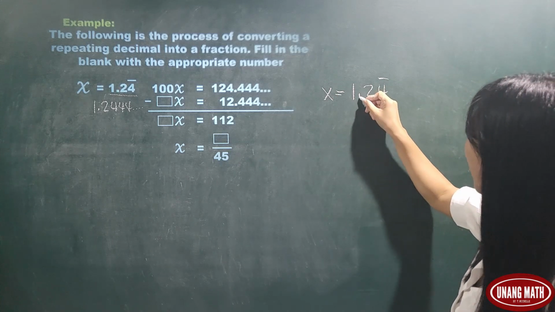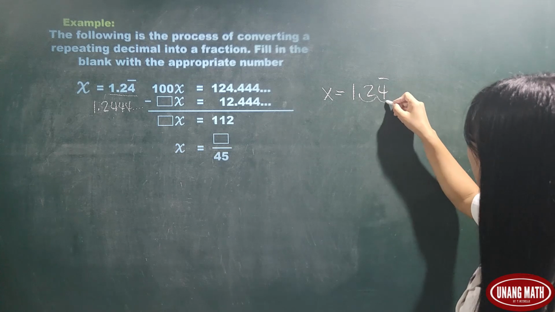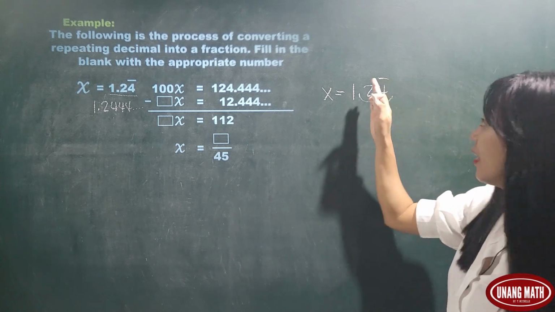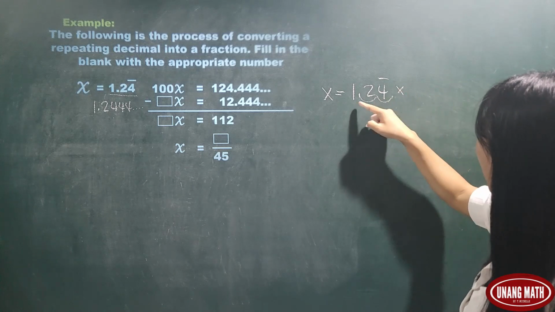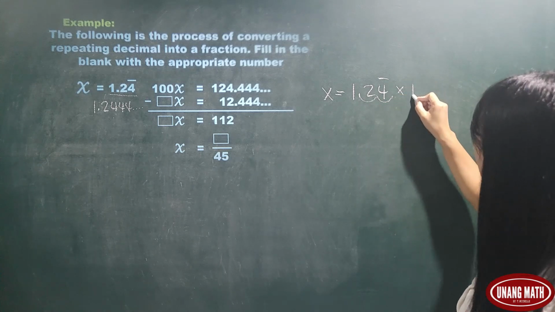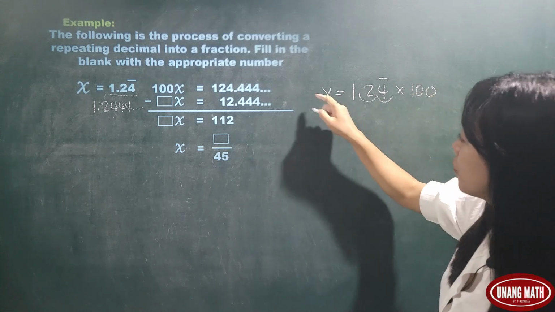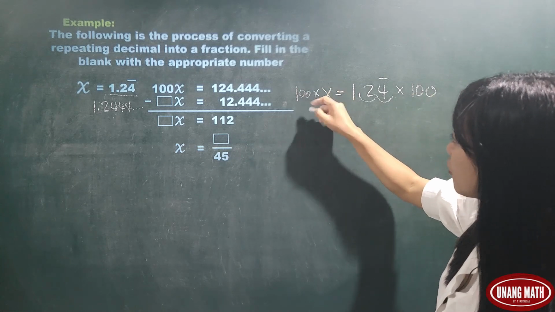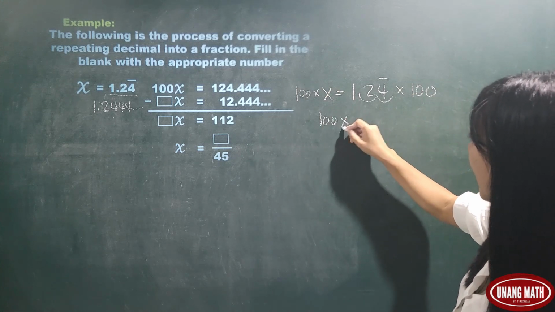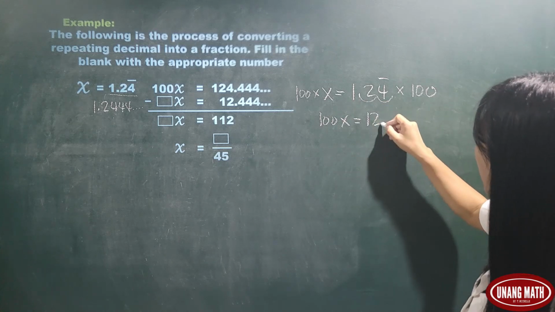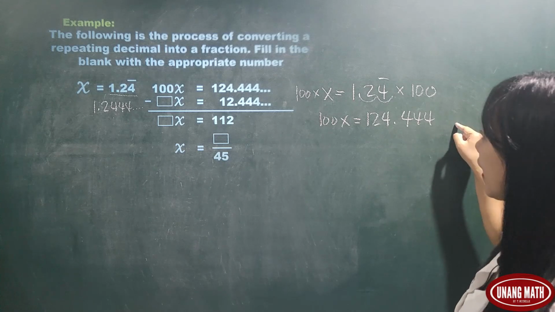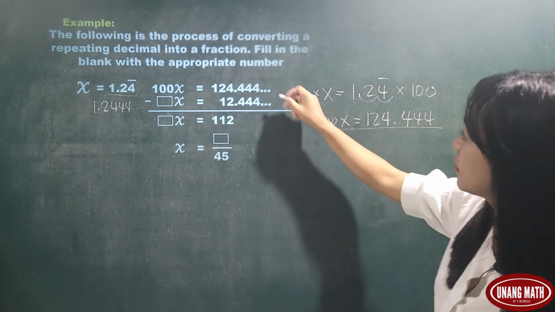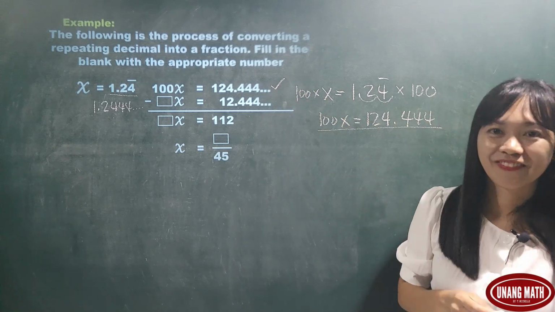So that means we have to move this decimal point 2 times to the right, and that means we have to multiply this decimal number by 100. Do it also on the other side of the equation. So we have 100x is equal to 124.444 repeating. So this is our first equation.